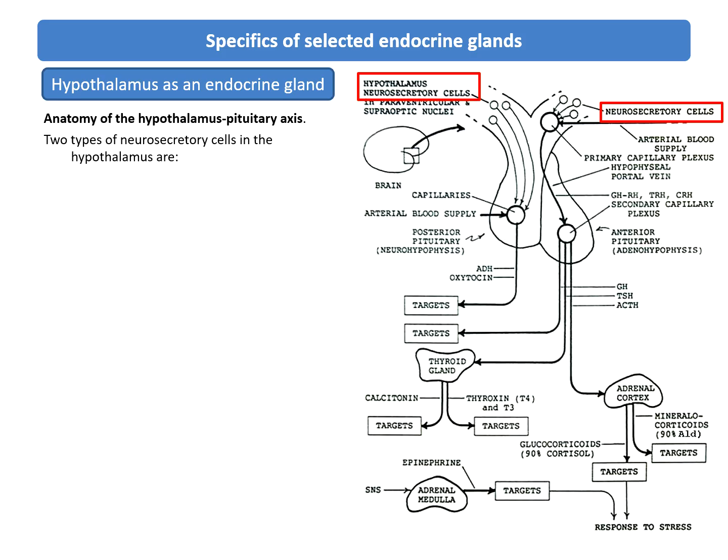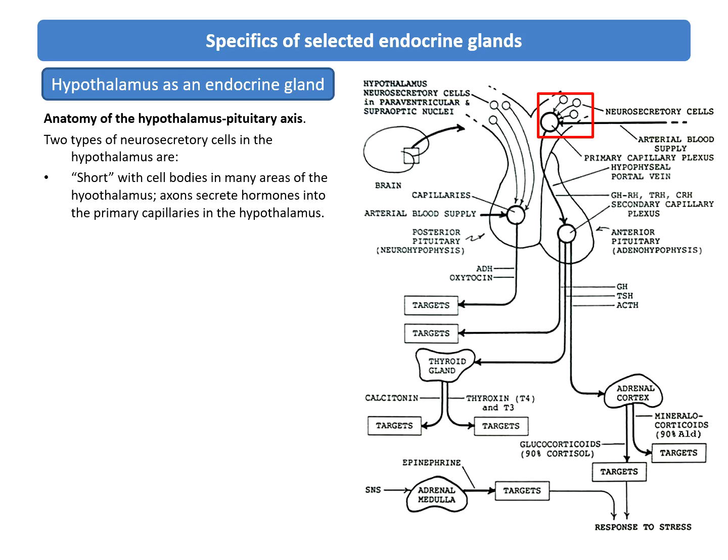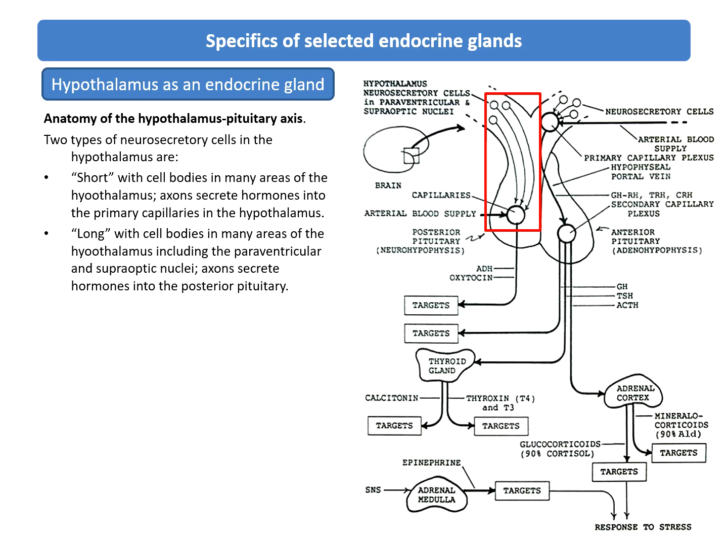There are two types of neurosecretory cells in the hypothalamus. There are short ones with cell bodies in many different areas of the hypothalamus. The axons secrete hormones into the primary capillaries of the hypothalamus. And then there are the long ones.